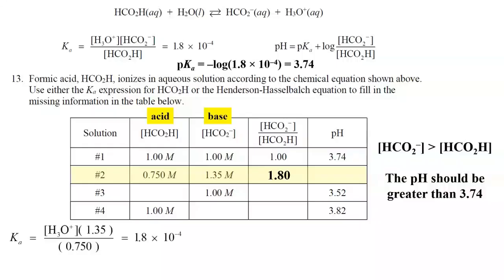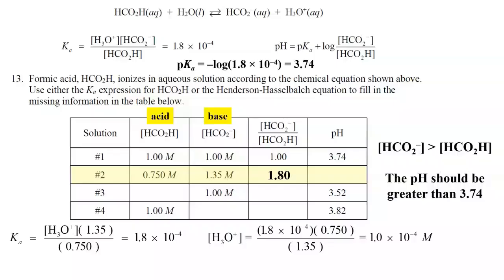And now I'll use the Ka expression. I'm going to plug in 1.35 for the concentration of the formate ion on the top, and I'll plug in 0.750 for the concentration of formic acid on the bottom. Now I have to rearrange this equation to solve for the concentration of the hydronium ion. And when I do that, I get 1.8 times 10 to the negative 4 times 0.750 divided by 1.35.